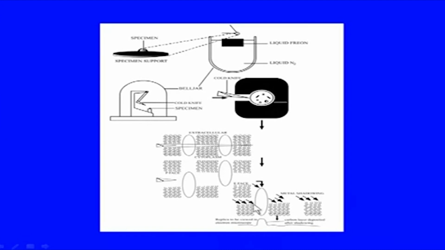The rest can be discarded. Since the replica carries the information about the surface structure of the integral proteins and other features, it can be used for imaging in the electron microscope. So, freeze fracture is one of the very important techniques used in transmission electron microscopy.